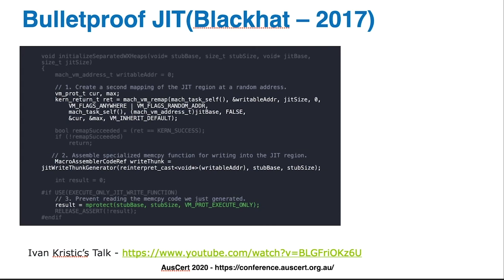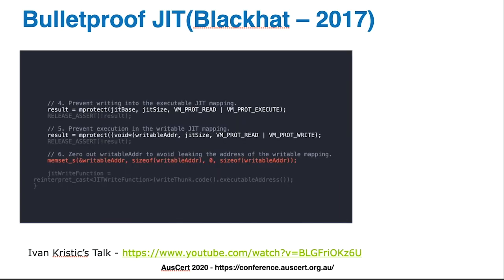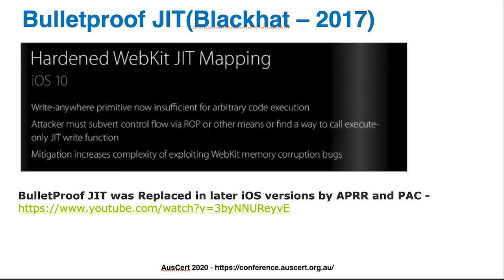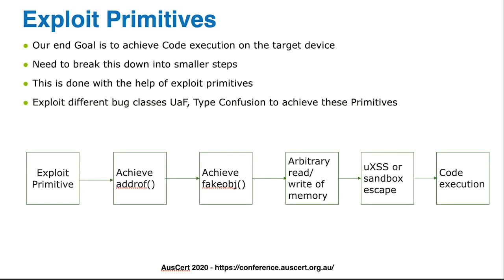So this is some code that is used to emit that specialized memcpy. I would highly recommend that you check out the talk in Black Hat on the link below. However, in the recent WebKit versions, it was replaced by APRR and PAC, which is pointer authentication checks. I would recommend you check out this talk again from Black Hat 2019.